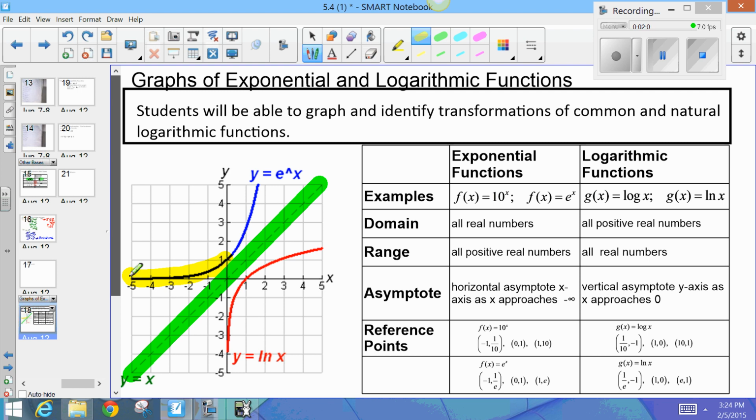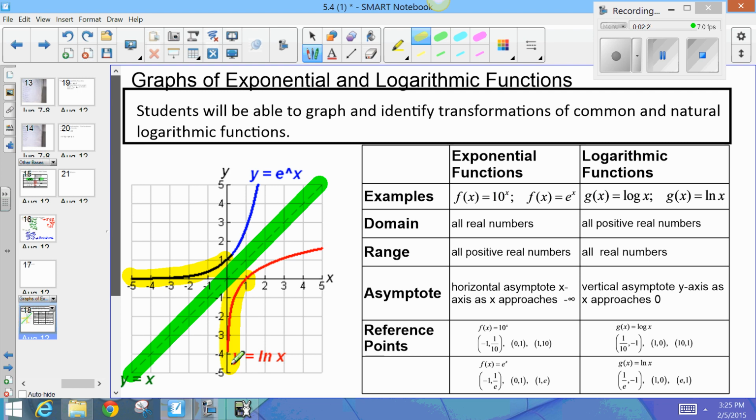And if that's what happens in the function e to the power of x, its inverse function has to have a vertical asymptote. So as x is getting closer to 0, y is getting closer to negative infinity. All right, so those are those asymptotes.